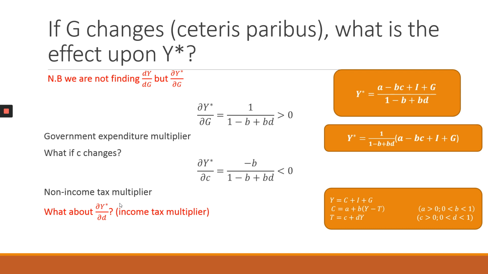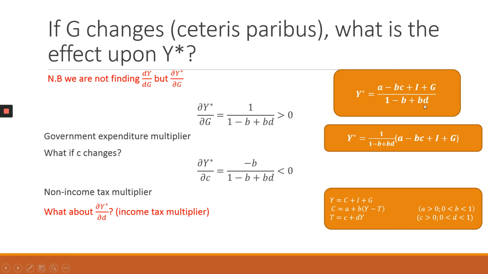Okay. Now looking at another example, we can actually also calculate the income tax multiplier. What's the effect on your equilibrium income of increasing your income tax multiplier? All right.